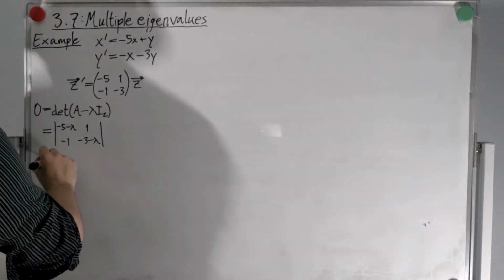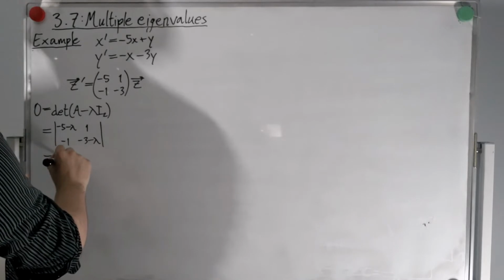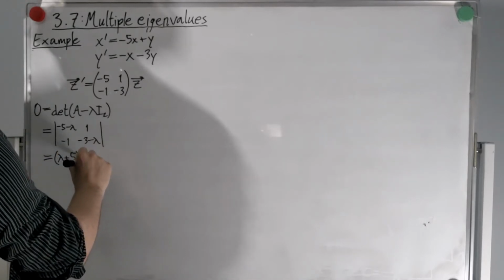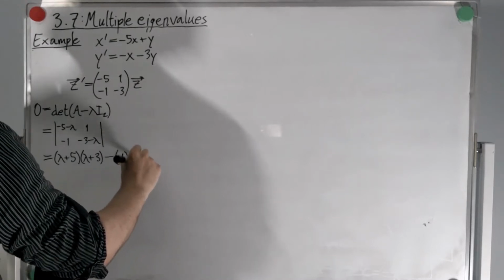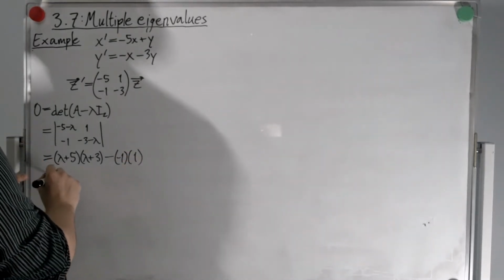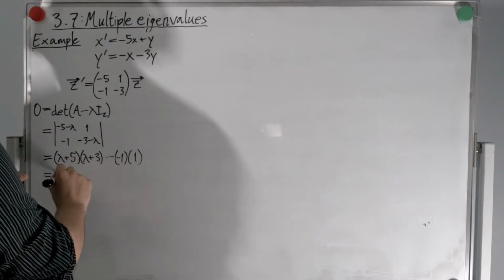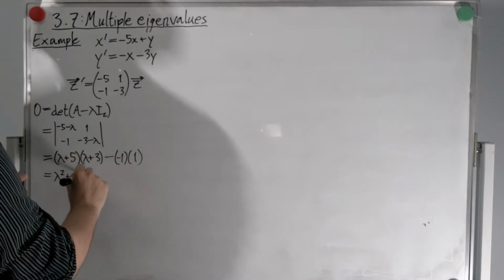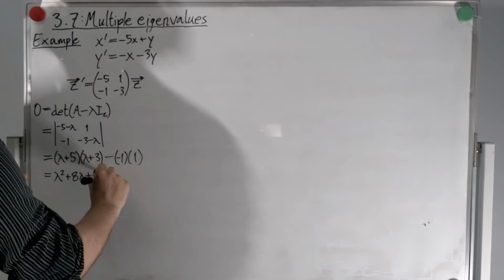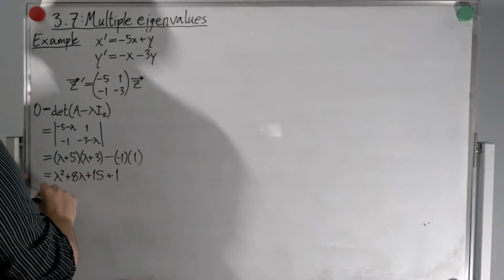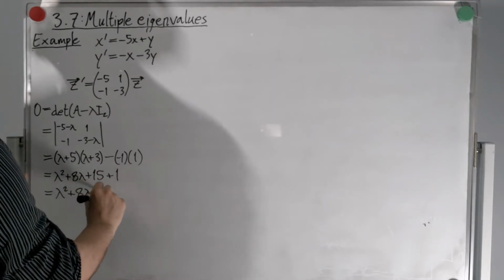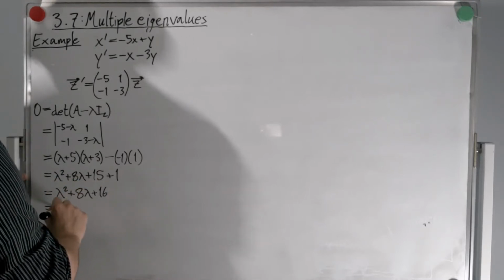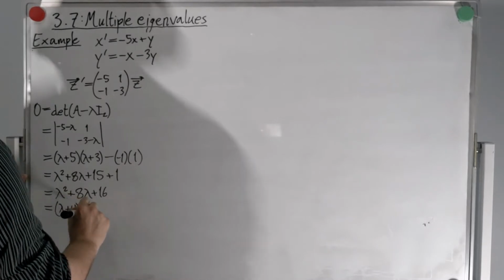You do the determinant, and what you get here is lambda plus 5 times lambda plus 3 minus negative 1 times 1. This turns into lambda squared plus 8 lambda plus 15 plus 1, which is lambda squared plus 8 lambda plus 16, or in other words, lambda plus 4 squared.